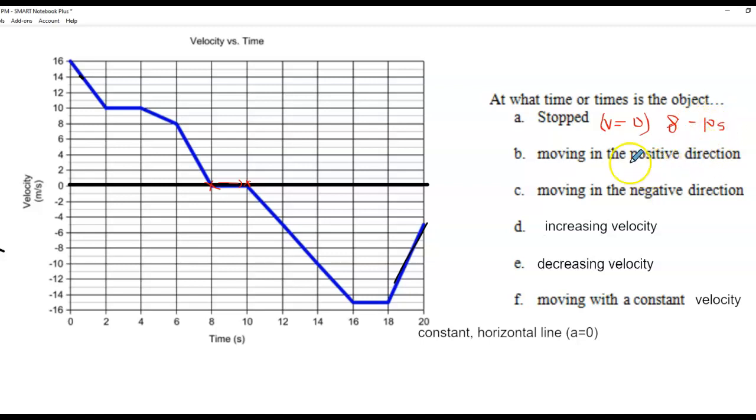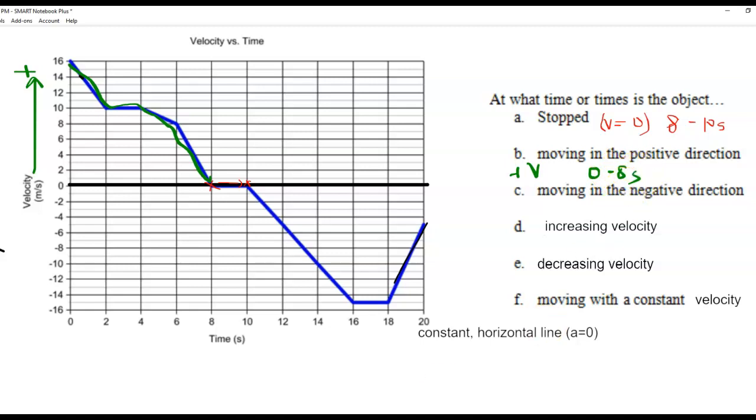For moving in the positive direction, you have to look for where the velocity values are positive. So anytime we're above the 0 up here, we have a positive velocity. So all this time that I'm tracing here, all the way from 0 to 8 seconds, so this one's 0 to 8 for the time period.